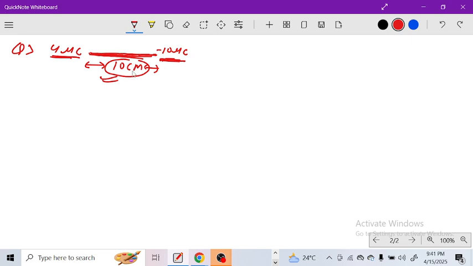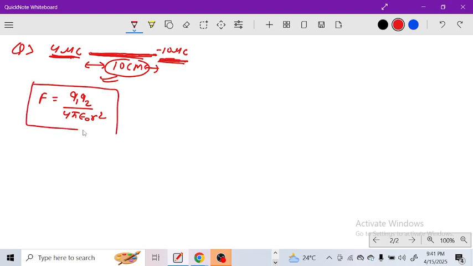Using the formula, we have to use Coulomb's law, Kavya. What is the formula? F equals Q1 Q2 by 4 pi epsilon naught r square. This is the formula of Coulomb's law.